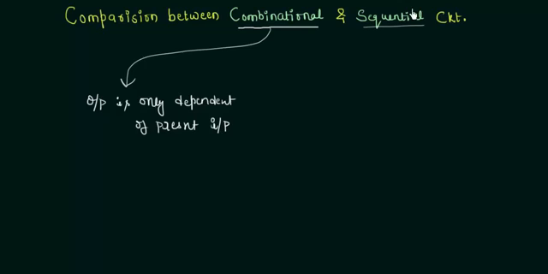Now the sequential circuit is just opposite to it. The output depends upon the present input, but also it depends upon the previous output or outputs.